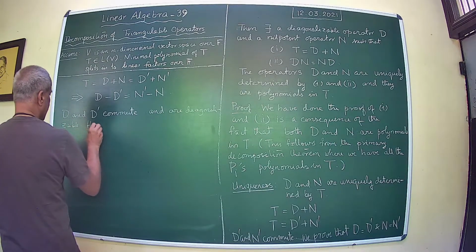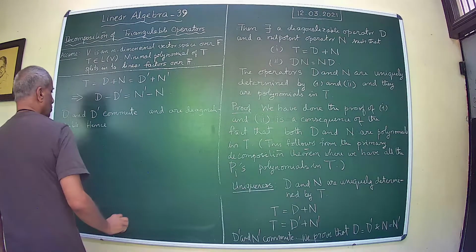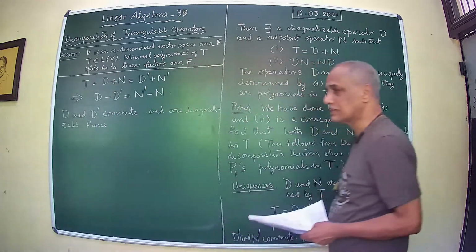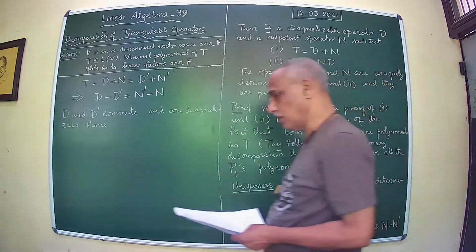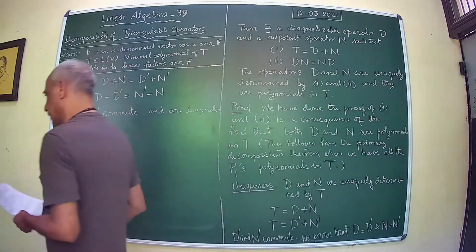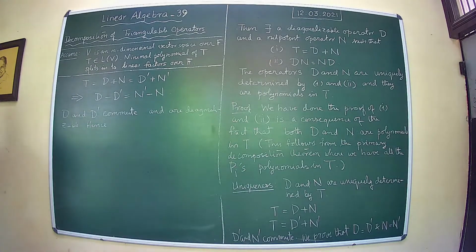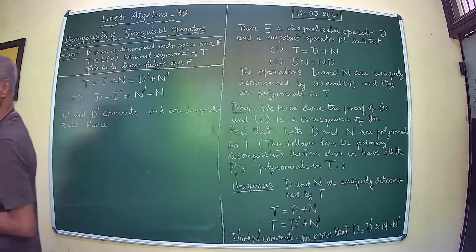Hence, one can do what is called a simultaneous diagonalization of that. That means there exists an ordered basis in which both D and D prime are diagonal.